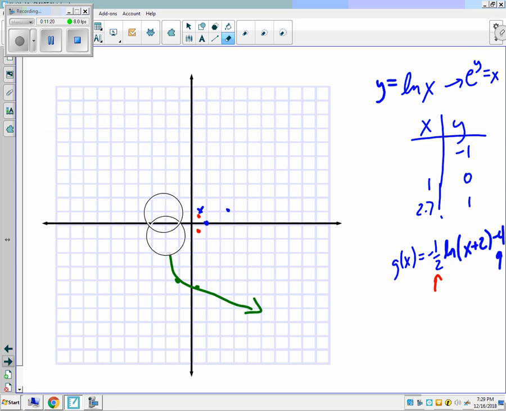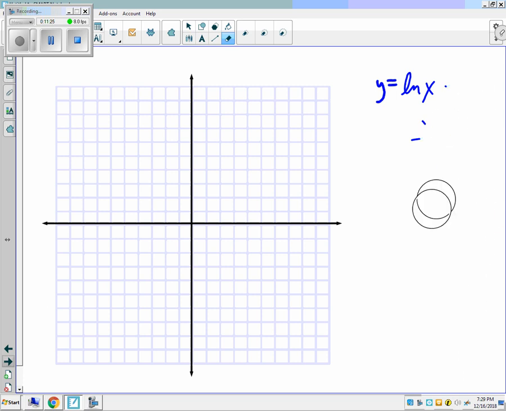Well, it's going to be easier to get the domain and range from the graph either way. 7A.